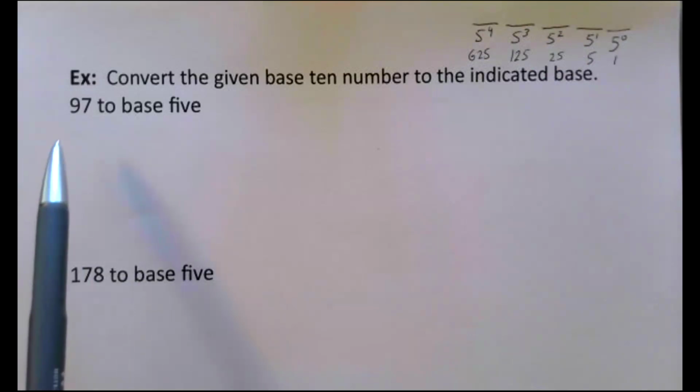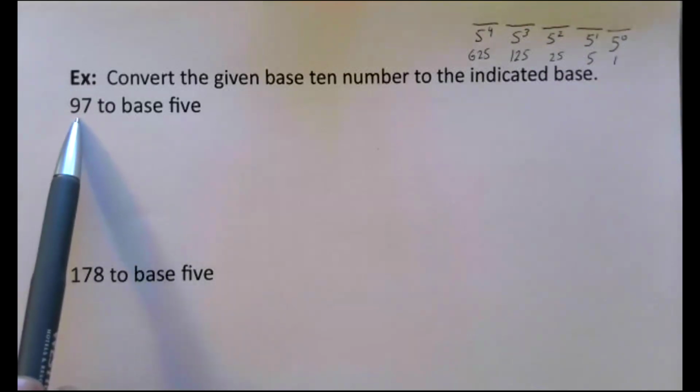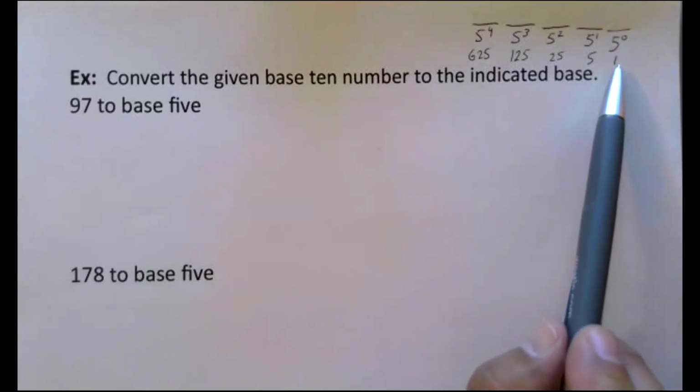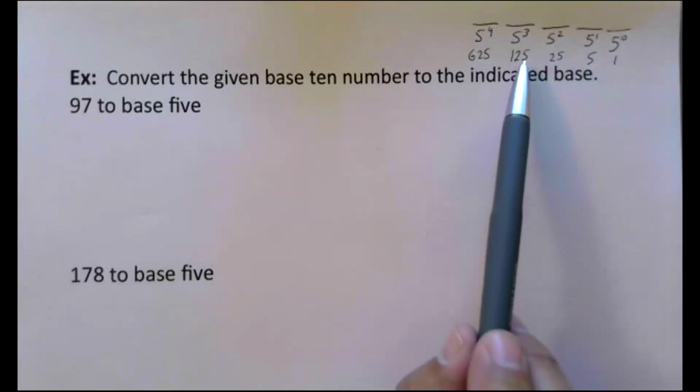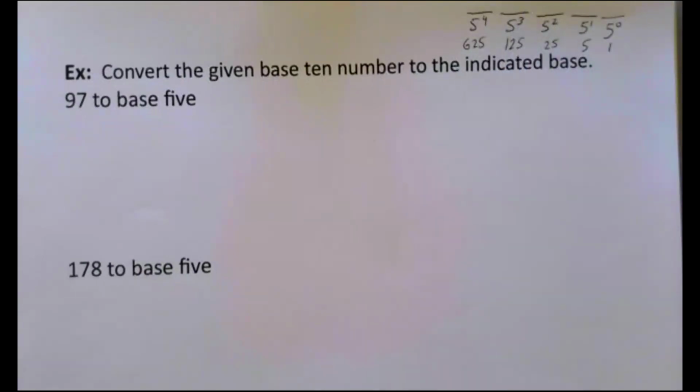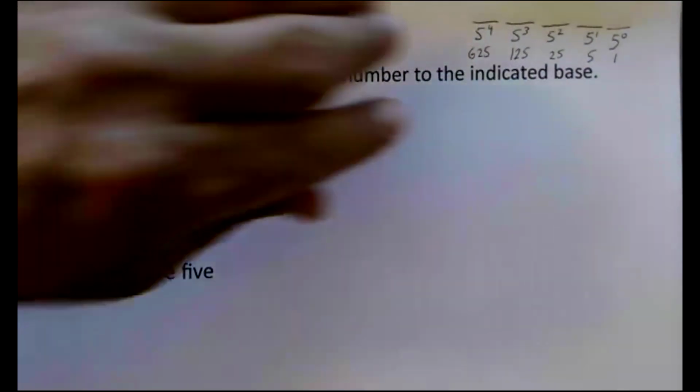Now, what we want to do when we're doing the long division here is we start with the 97 and we say, okay, 97 is bigger than that, bigger than that, bigger than that, but it's not quite that big. I'm not going to need this position. I'm not going to divide 97 by 125 because it's not going to work. So my answer is not going to involve the 125's place.